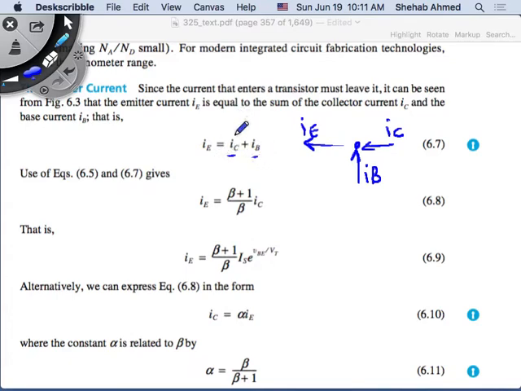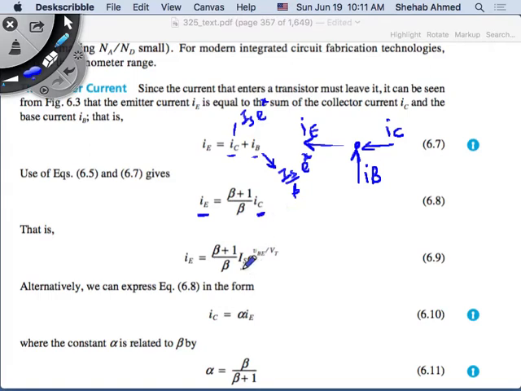The collector current is IS e to the exponential, and the base current is IS over beta with the same exponential. If I add them up, I will get an expression for IE in terms of IC and beta.